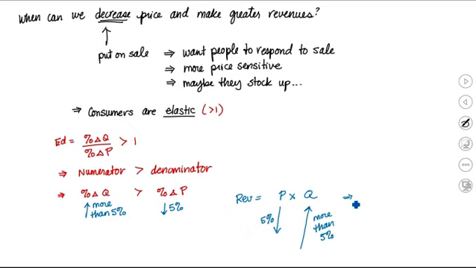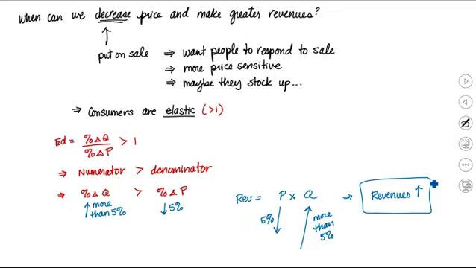And of course, that means that revenues are going up here. So that's how we know that if we want to lower our price and ensure that our sale is successful and generates more revenues, we have to have consumers that are elastic.